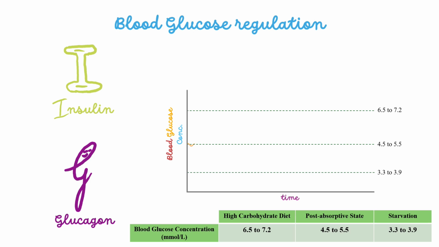Our blood glucose is maintained in a certain range unless we eat a meal, and then after a meal our blood glucose increases, and that stimulates the pancreas to release insulin into the blood. Once insulin is released, it brings the glucose down by converting the glucose into glycogen via liver cells.